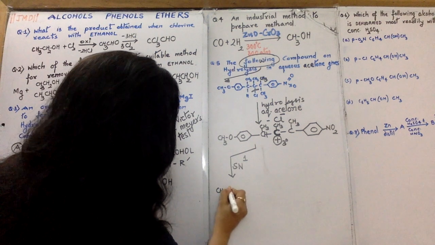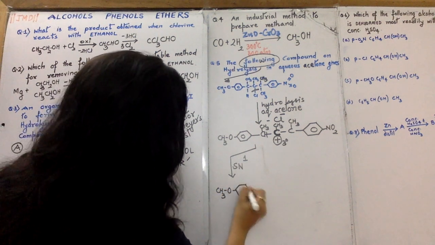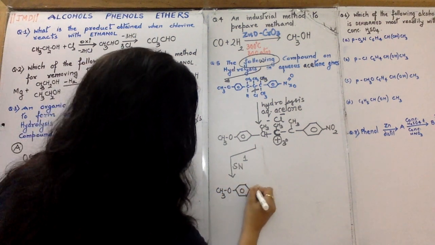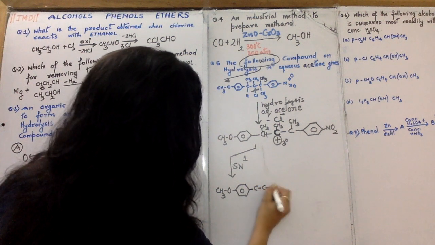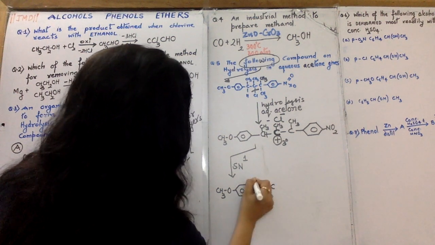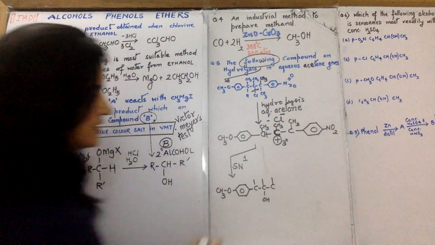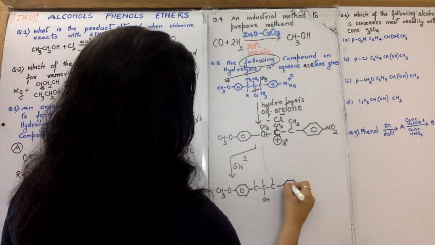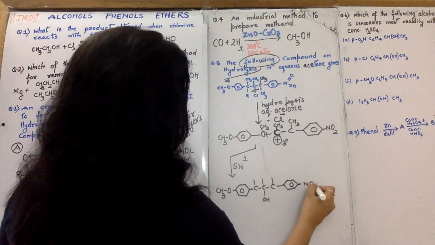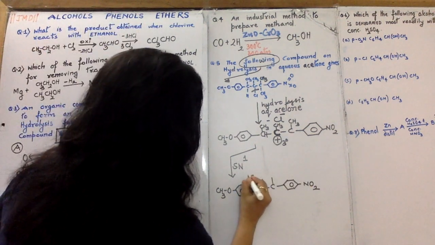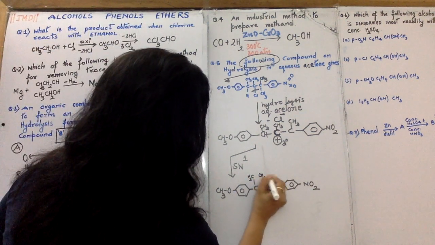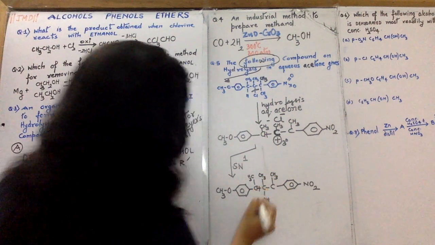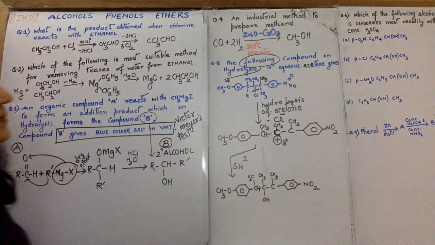I get CH3O and like this, here one OH will come. Here there is a NO2, here there is a CH3, here there is a CH3, here there is a CH3, here there is a H. This is one of the products.